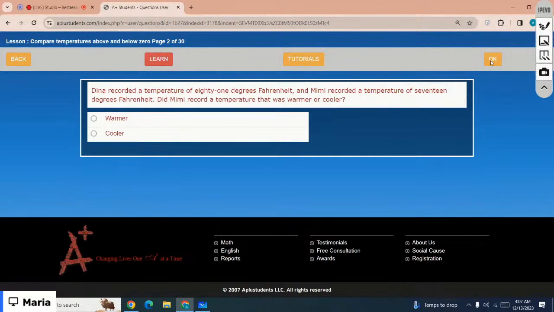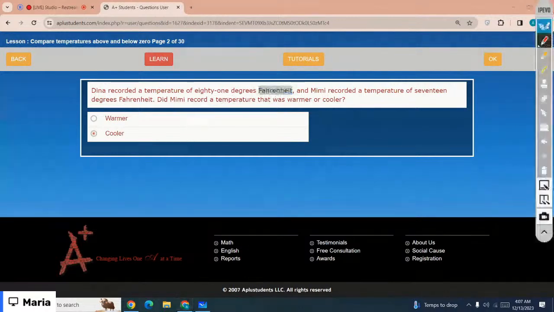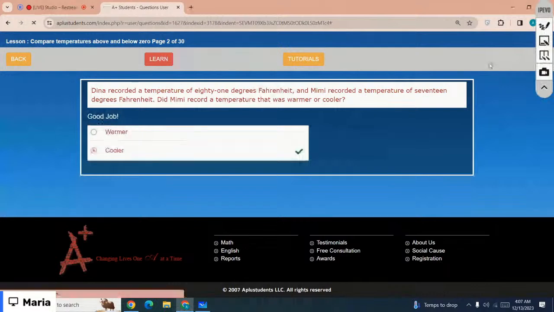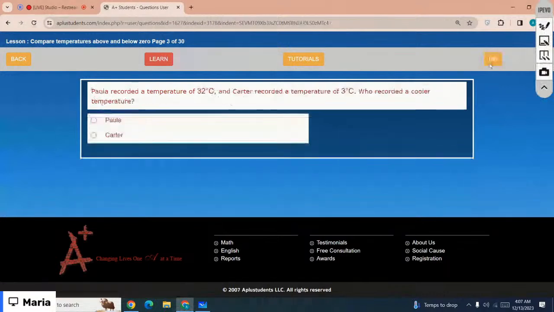Cooler? The unit here is temperature. Yes, 17 is cooler.